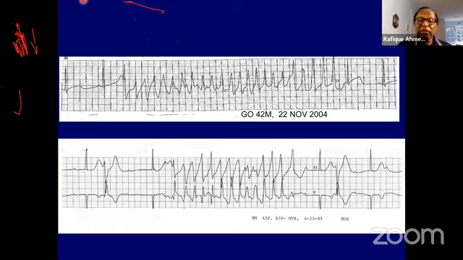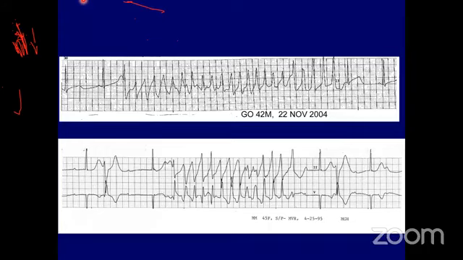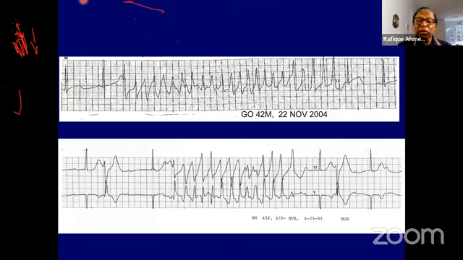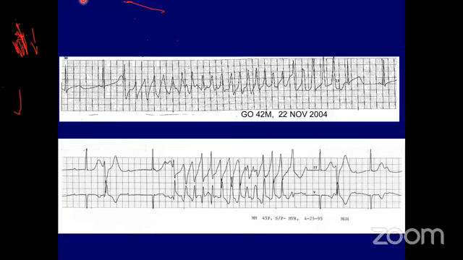But in LVOT, RVOT VT, because it is automatic, it is coming from a specific point. We map it to that point and ablate, and it works. And when you do the ablation, initially there is an acceleration of the VT, and that tells you that you are on the focus. So it's an automatic mechanism. It's a very important issue in the board exam, because they also give the option of ICD, but the answer, the choice, is ablation.